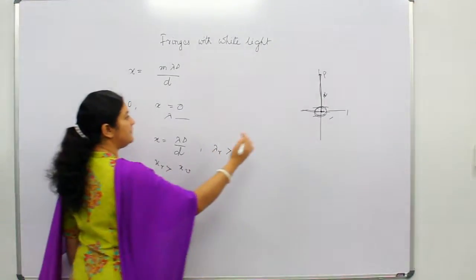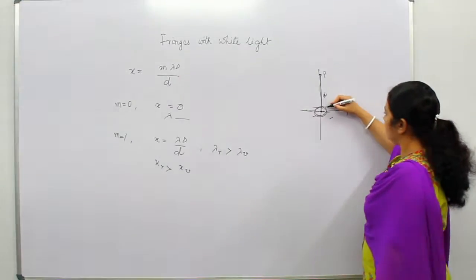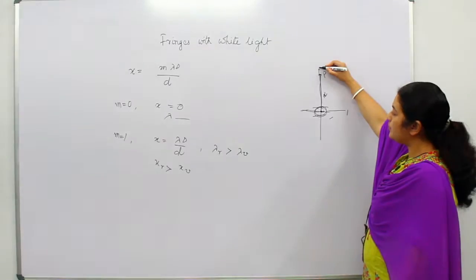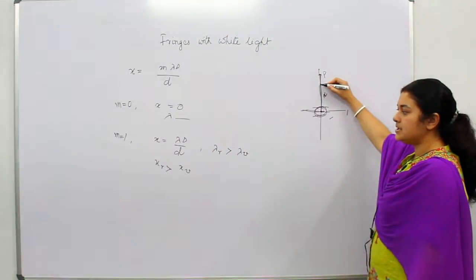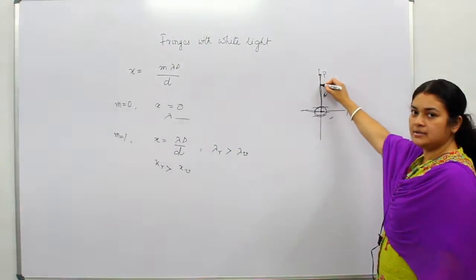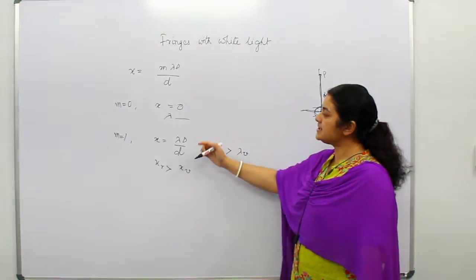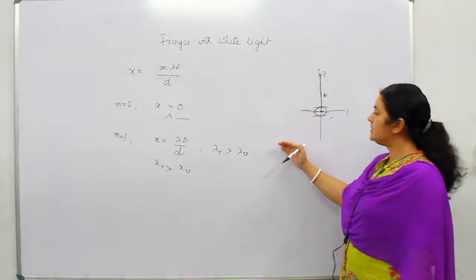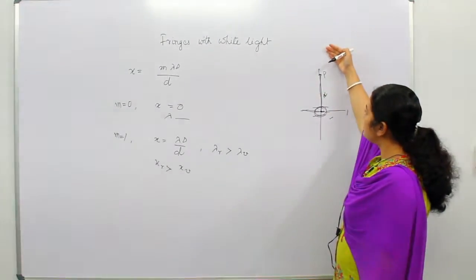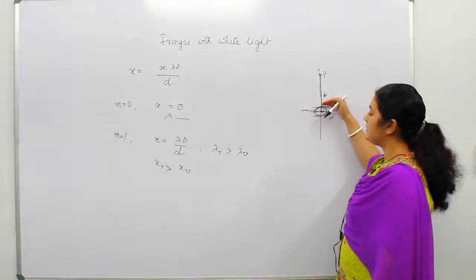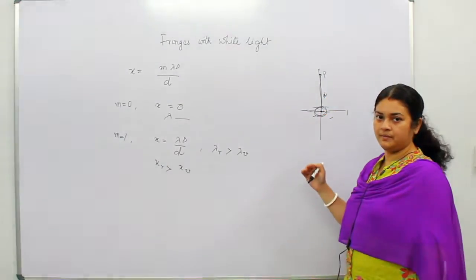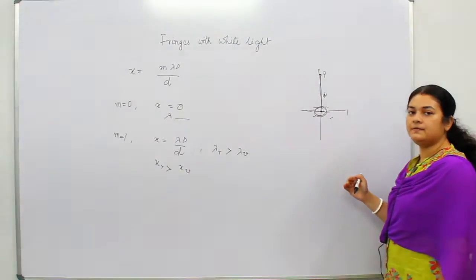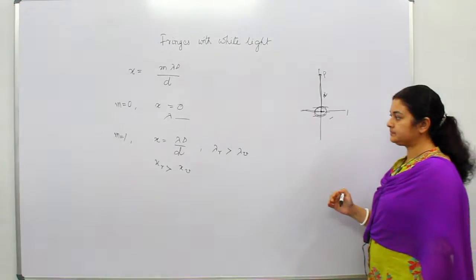That is, for red light, the position of the bright point will be farther away than for violet light. So the fringes other than the central fringe will appear colored, with red in the outermost points and violet in the innermost region. In this way, we will get various colored fringes.